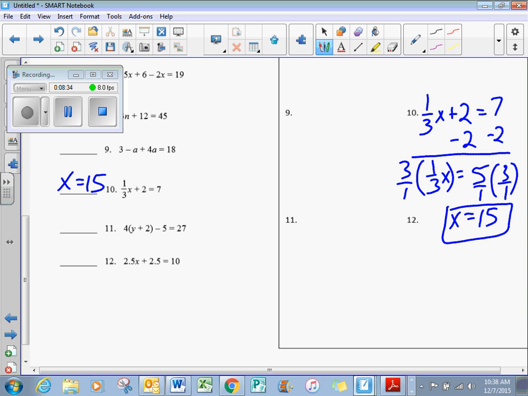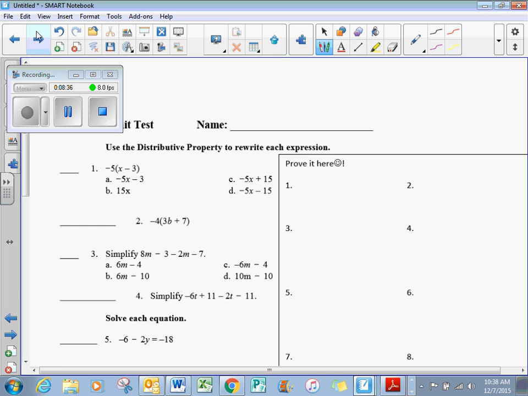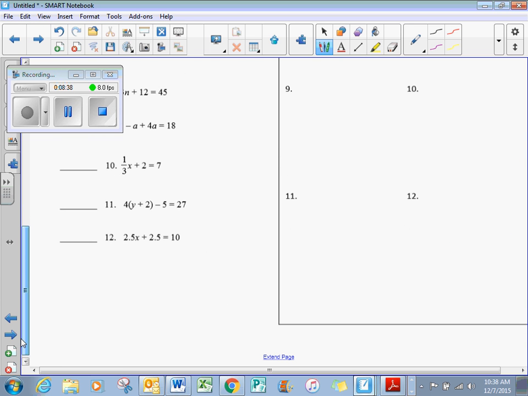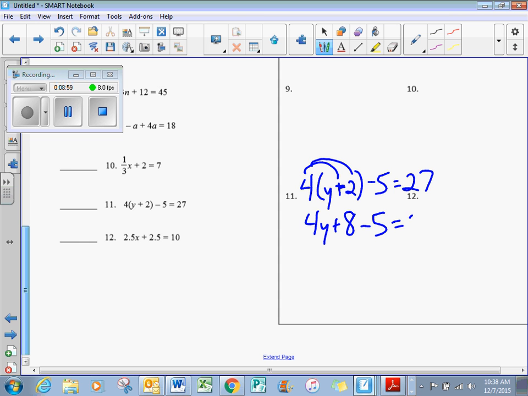Okay? Number 11 asks us, what do we have to do on number 11 first? Somebody just shout it out. Distribute. Good job, whoever said that. Simplify means distribute, combine like terms. 4y plus 8 minus 5 equals 27.